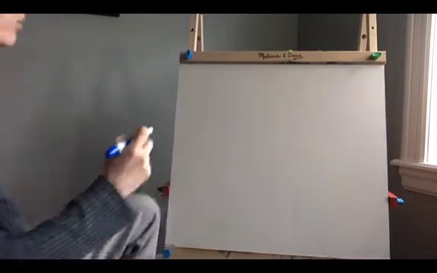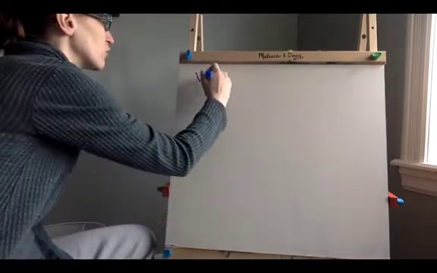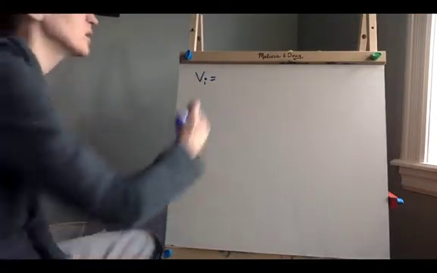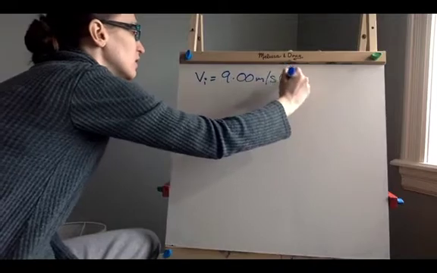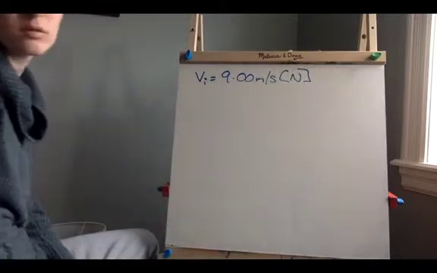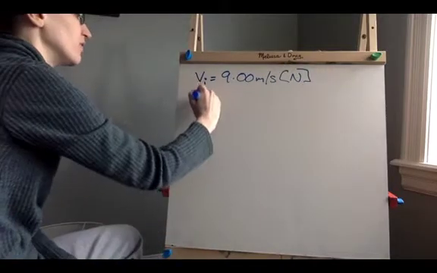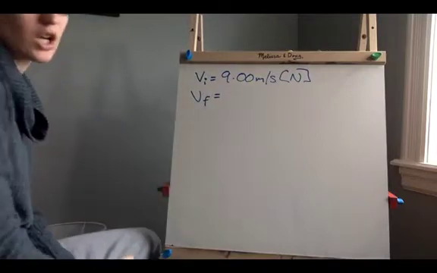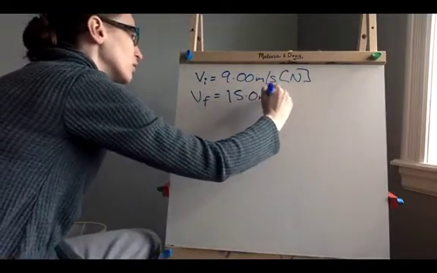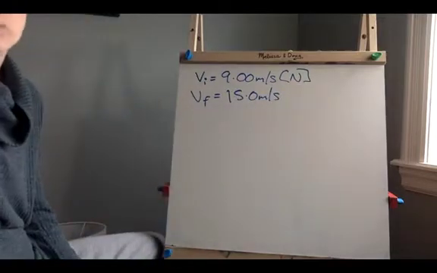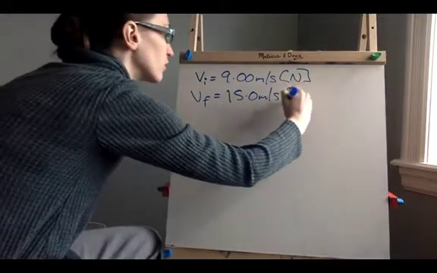What we've been given in the problem is that her initial velocity is 9.00 meters per second north, okay? We've also been given Vf, right? She changes and her final velocity ends up being 15.0 meters per second at a direction of east 40 degrees north.